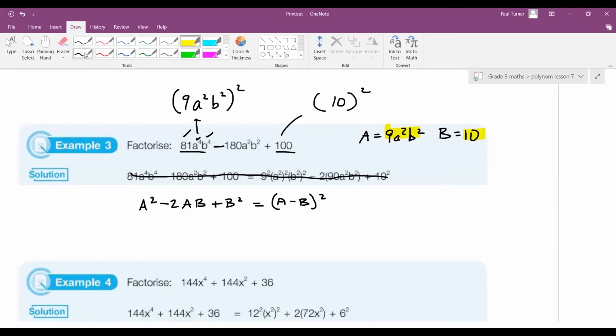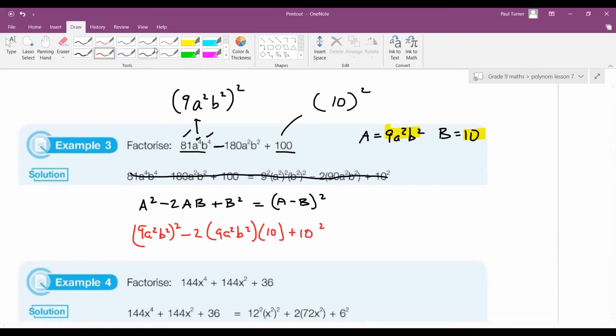When you get good at this, you can skip steps, but for the time being, just try to write everything out. So a is 9a squared b squared, squared, because a is that there. In the formula, we have minus 2, so minus 2a, and a is 9a squared b squared. b is 10. And b squared is 10 squared, which is 100.